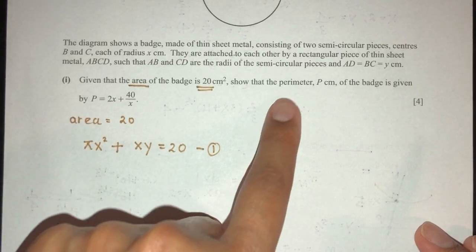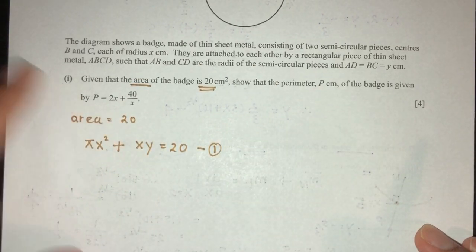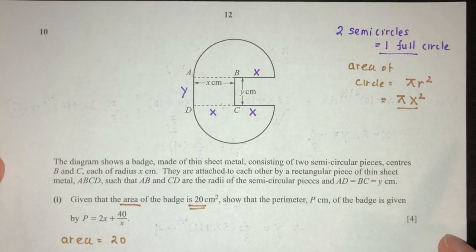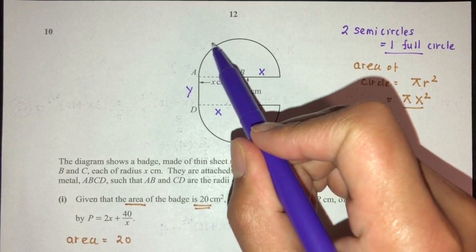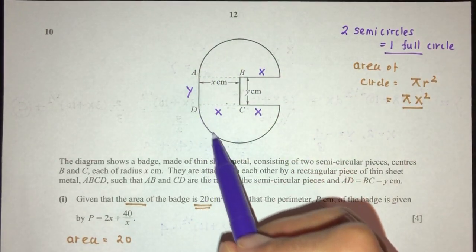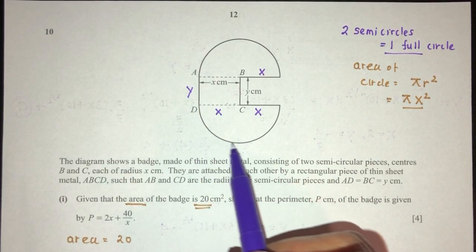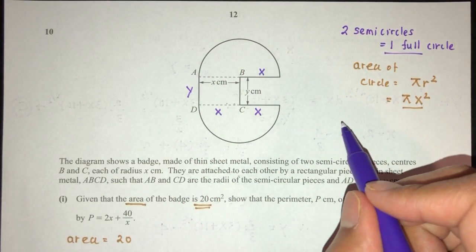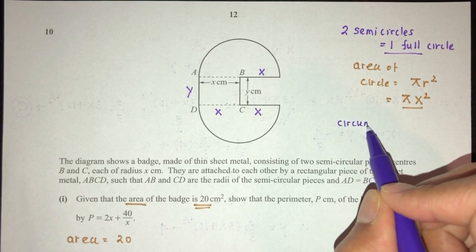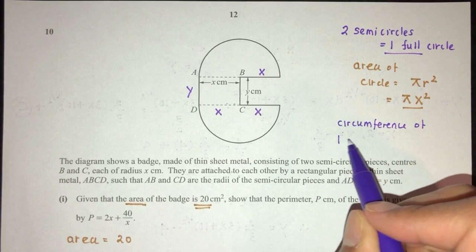Now the perimeter P of the badge is given by this. So how would you find the perimeter? If you observe, we have to find this distance and this distance. This is basically the semicircle, and this is another semicircle, which is equal to one full circle. So what is the circumference of one full circle?